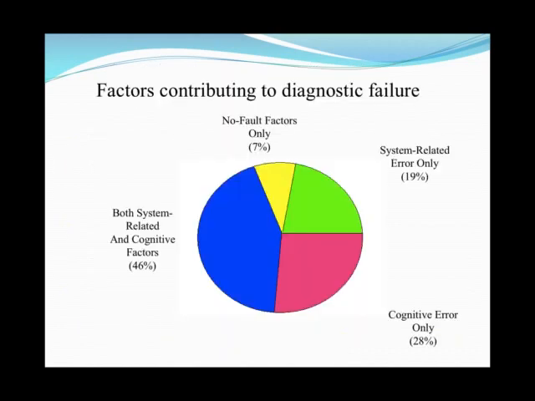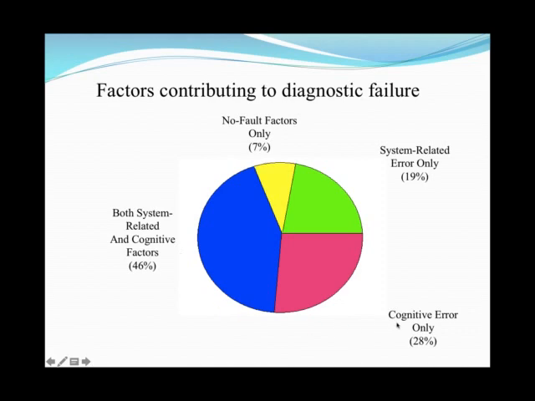So when we think about different factors that are contributing to diagnostic failures, there are certain things where it just happened. There was no fault. We can also break them down into system-related errors, like there was a problem with the system, or a cognitive-related error on a nurse or a doctor, or maybe a combination of both.